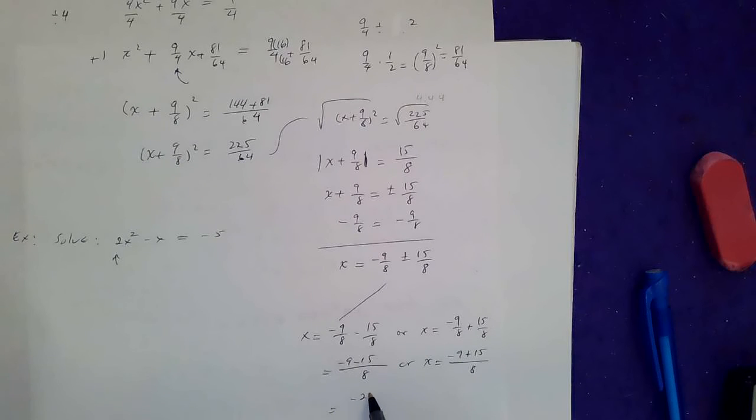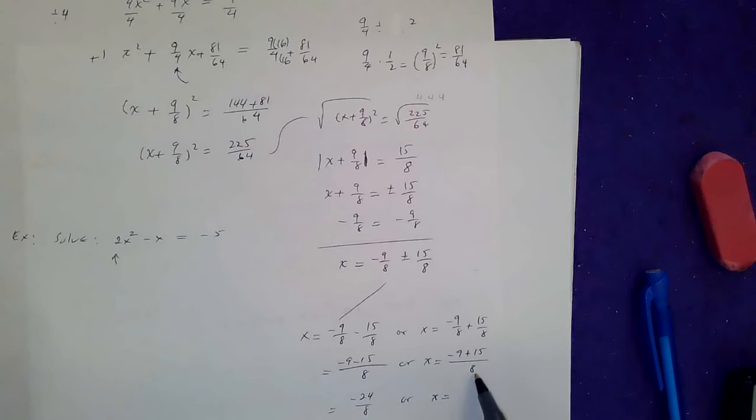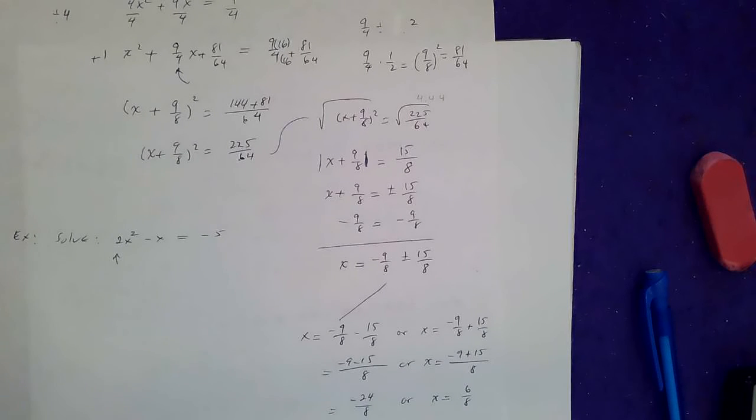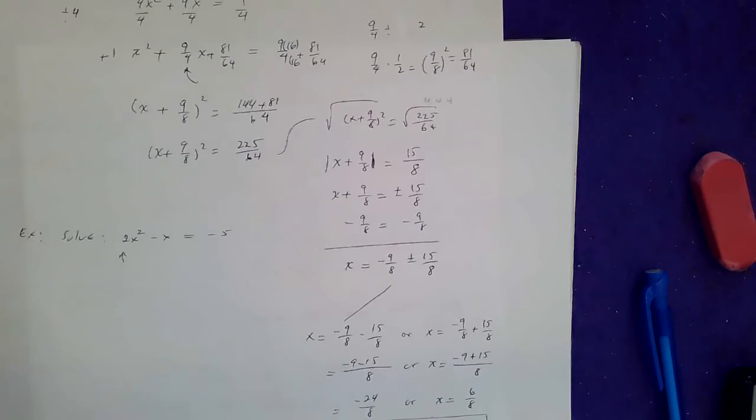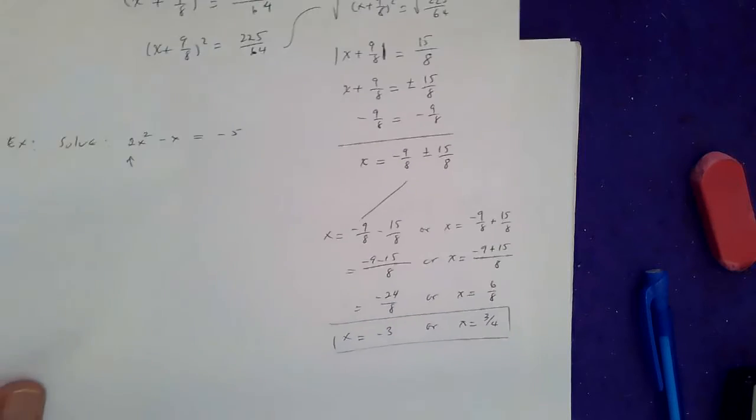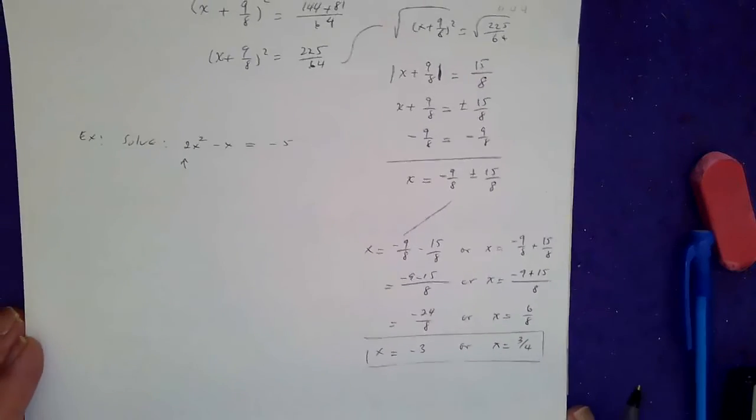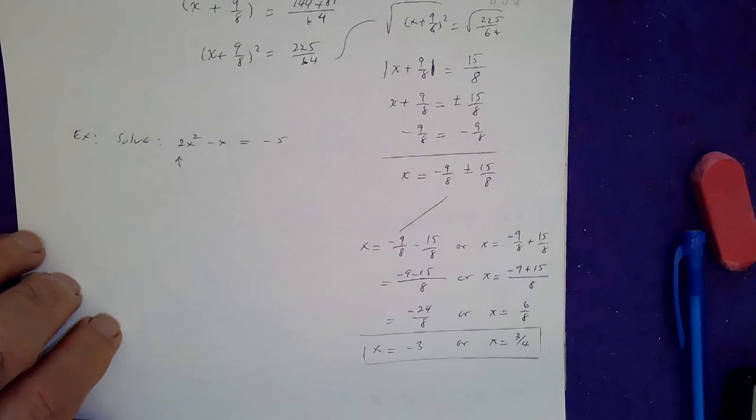Here you get negative 24 over 8. Here you get 6 over 8. Is that right? And here you get negative 3. Up here you get 3/4. So once again, as usual, we should always get two answers, correct? You all see it?